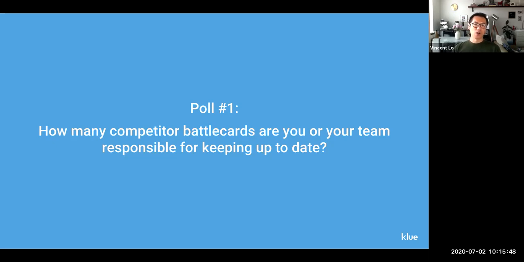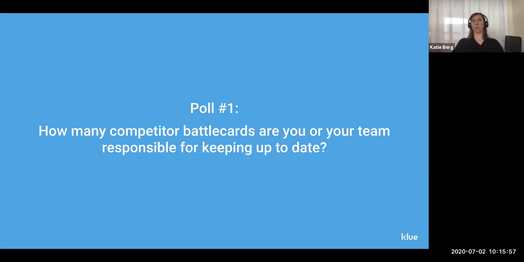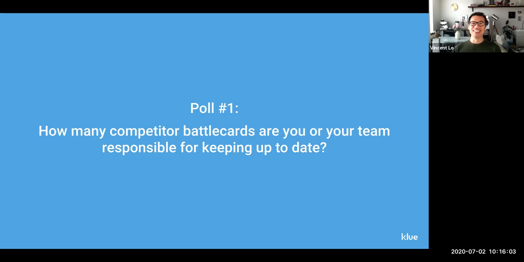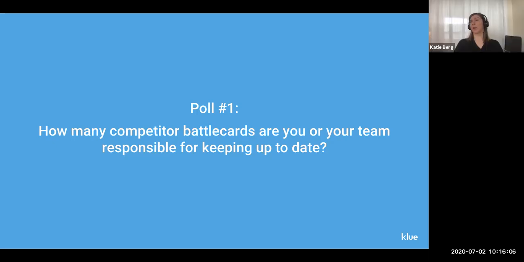The question was, what's the ideal number of battle cards that a single CI person should be responsible for? What are your thoughts, Katie? What is the maximum number that a single person should be responsible for? We can answer both, maximum and ideal. Ideal? Let me tell you what I think about when I'm factoring in certain things.